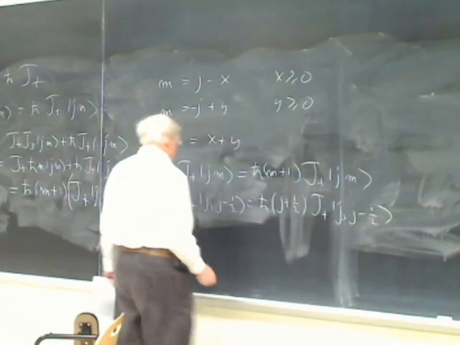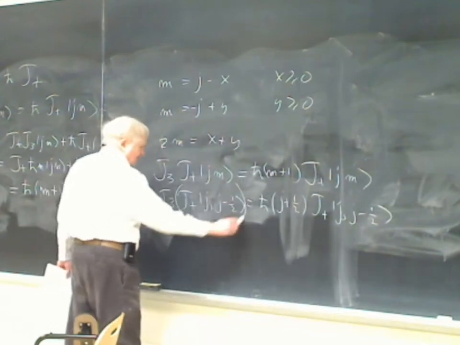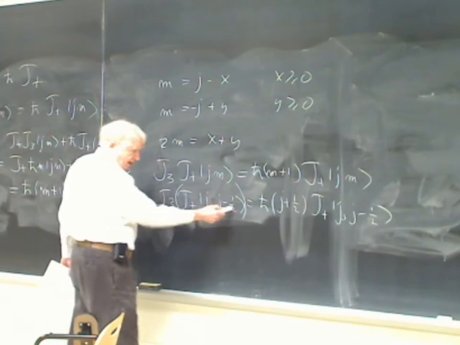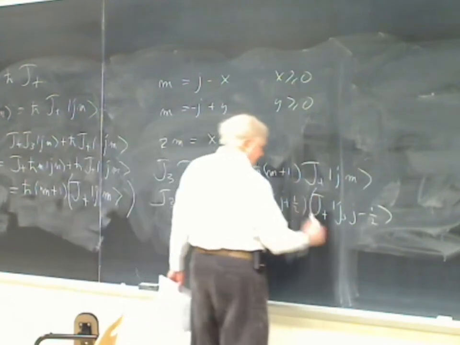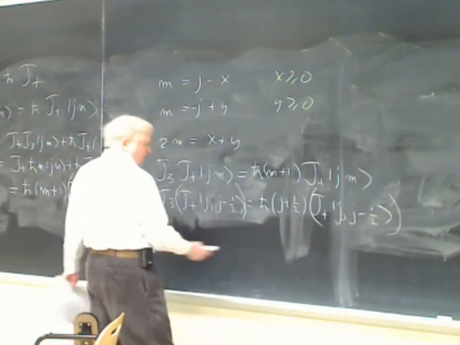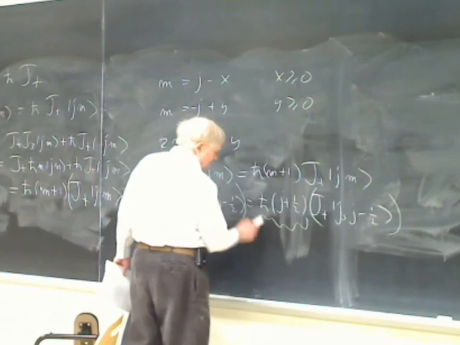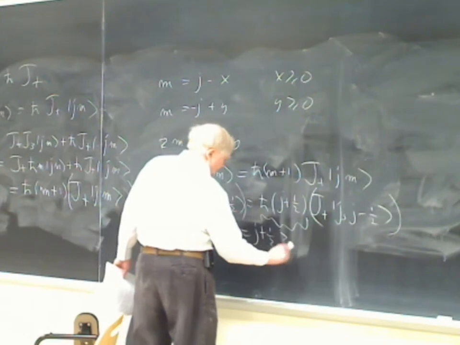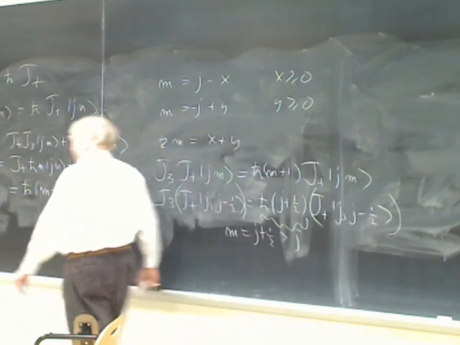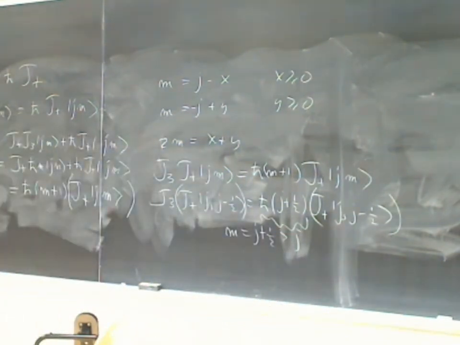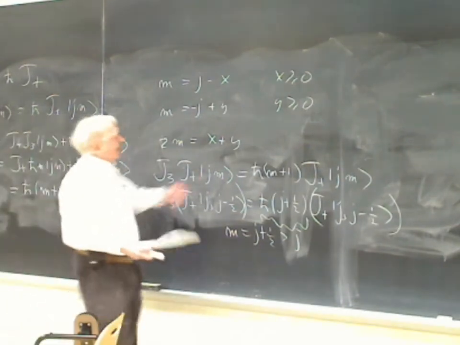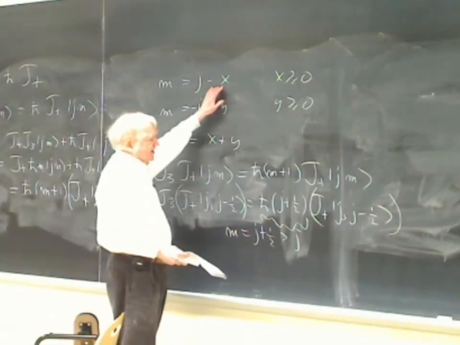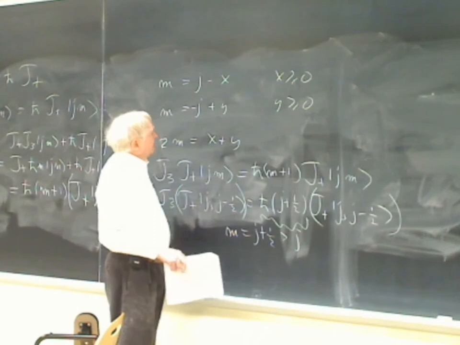But this would say that there's an eigenstate, namely J plus |j, j minus 1/2>, of J3 with an eigenvalue, in other words, m equal to j plus 1/2, which is greater than j. But that would violate the rule we found over here, the bounds on m. So that tells us that x couldn't be 1/2, or any fraction like that.